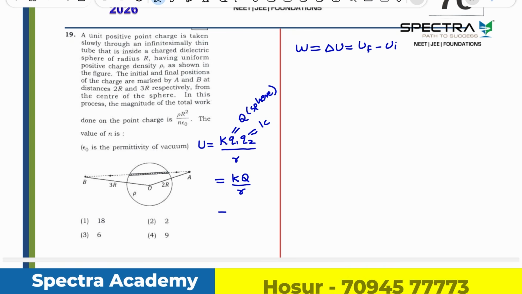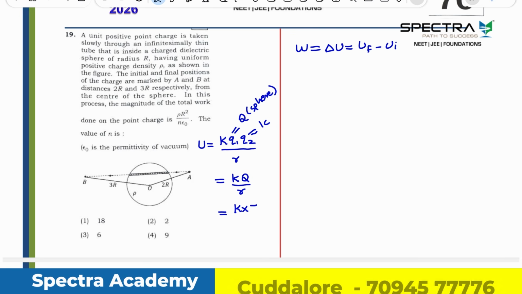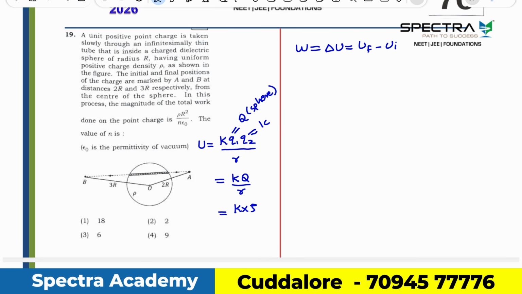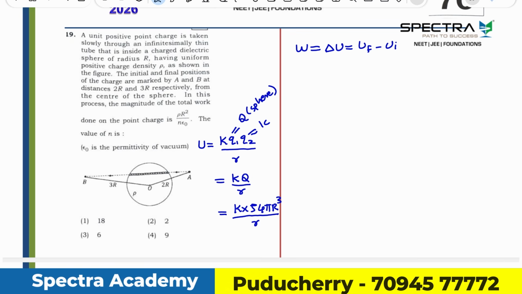How can I write Q? You know, the volume charge density is given as rho. So Q can be written as rho into 4 by 3 pi r cube, divided by small r.